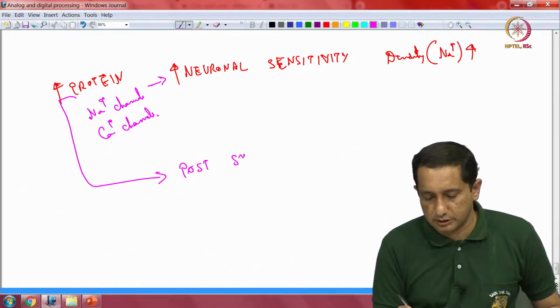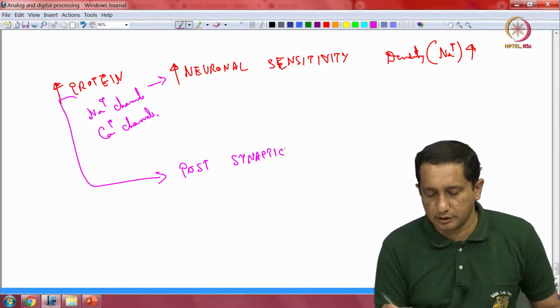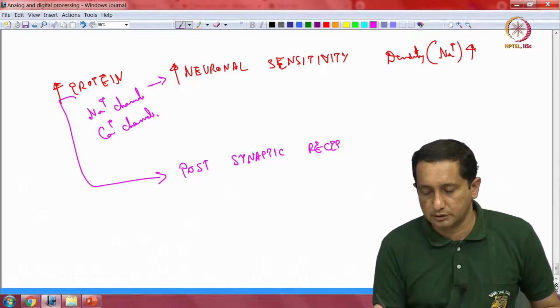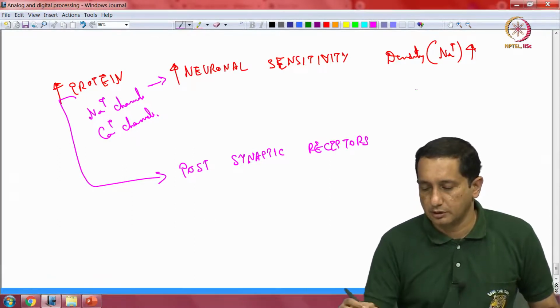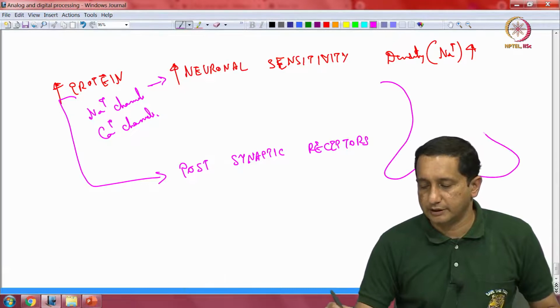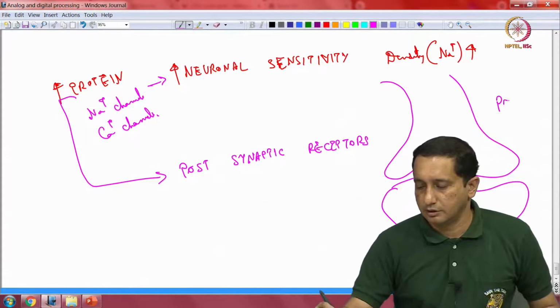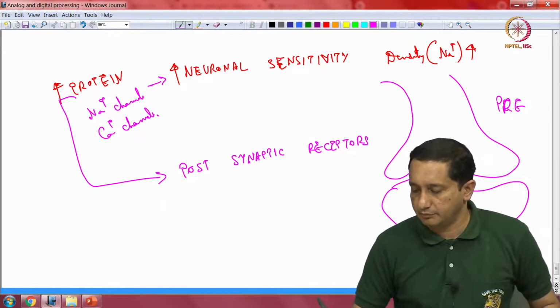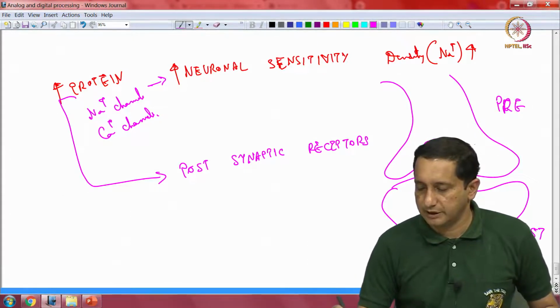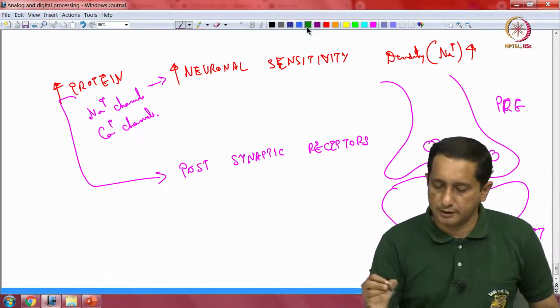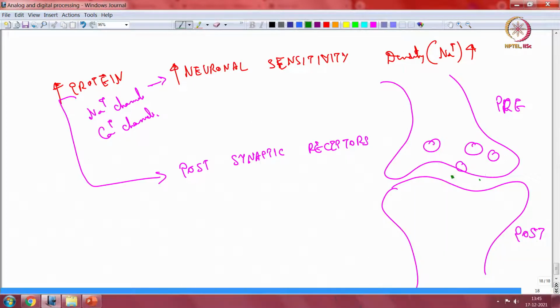You can also look at a more interesting phenomenon, that protein also could refer to postsynaptic receptors. Again, recollect that a synapse is like this: pre and post, vesicles over here, vesicles fusing, and neurotransmitters released and binding on to this one.